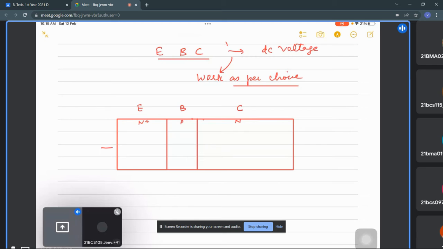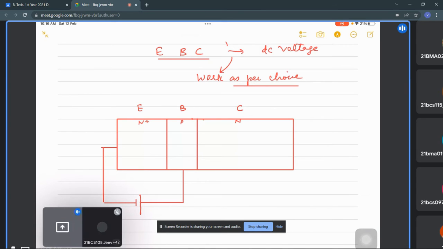So if this is N positive, what we do is we forward bias this. इसको forward bias करना हो, so N is connected with negative and P should be connected with positive.